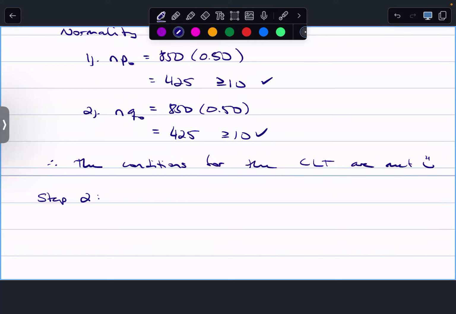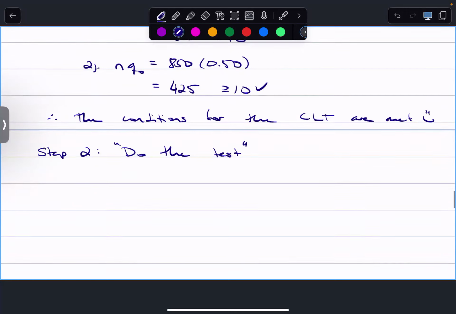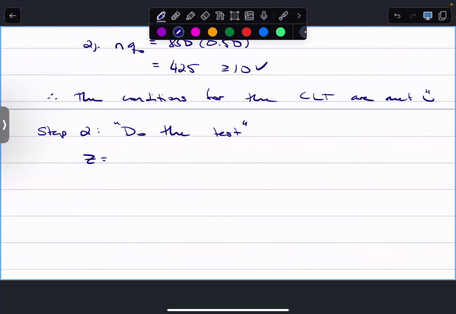Step 2. If you did it on your own, then you wouldn't have those conditions being checked because I just introduced them today. Step 2, do the test. Z is p hat minus p naught over the square root of p naught q naught over n.